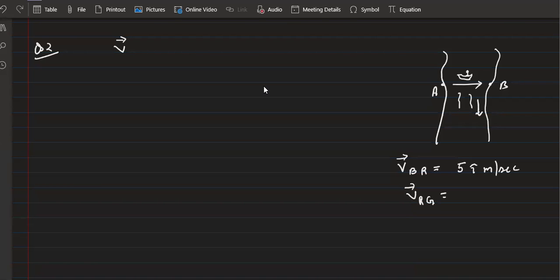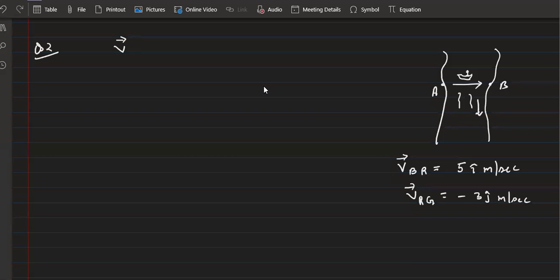So I will write it as minus. Suppose I have been given 3 j cap meter per second. Got it, everyone? Minus 3 j cap meter per second.